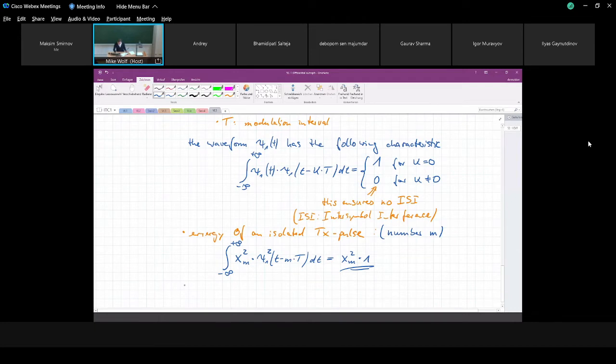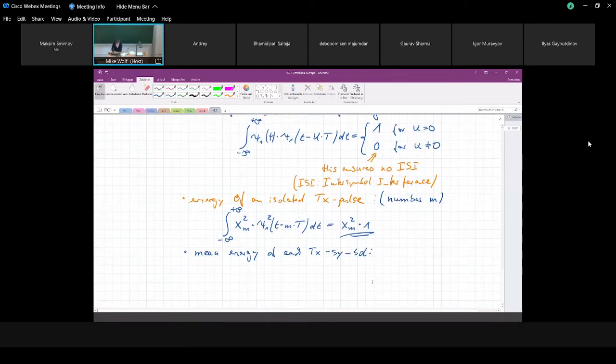Therefore we could say mean energy of each Tx symbol. How could we measure this? We denote this as Es.